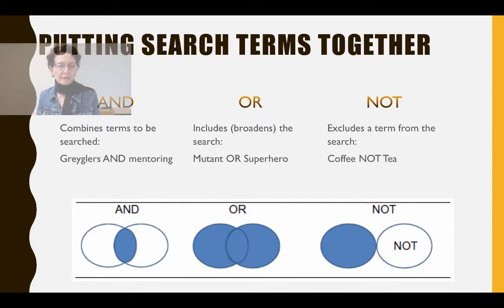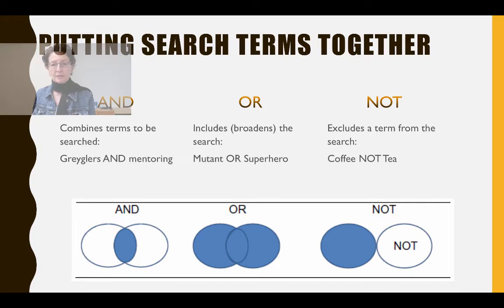So that's a sort of relevancy ranking. The first results are going to be those that have both Greyglers and mentoring in the title and perhaps in the abstract. The further apart those 2 terms are in any of the articles that are returned, the lower down on the result list those will be presented.